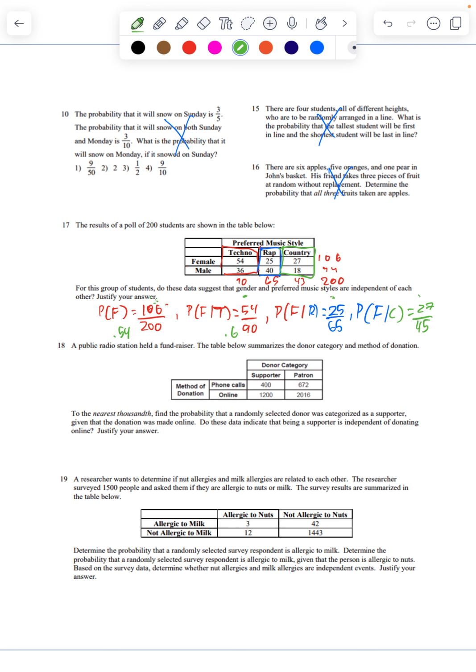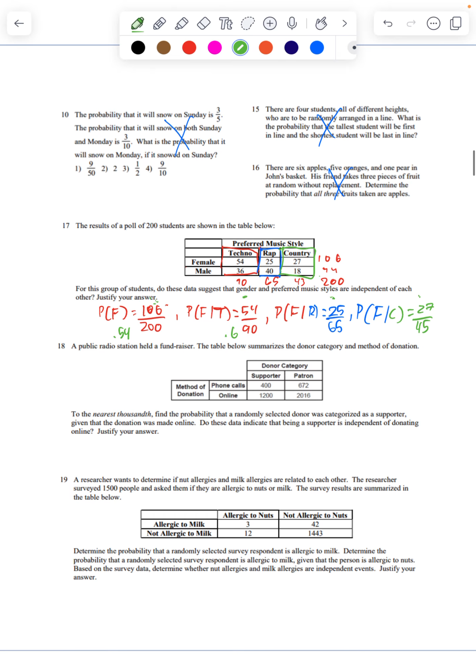Being a certain gender and liking a certain type of music in this example, these things are not independent of each other. And you could have done it the same way. You could have chosen males and then found out of all the people who like techno, which are males. So we just chose female for that one.